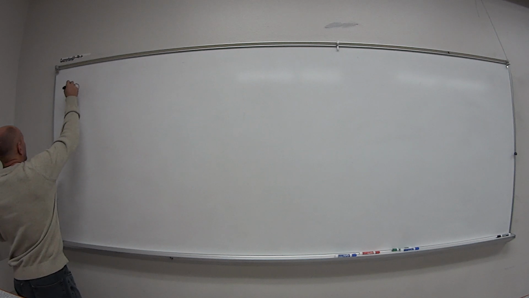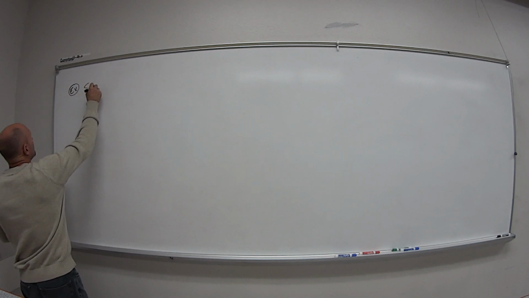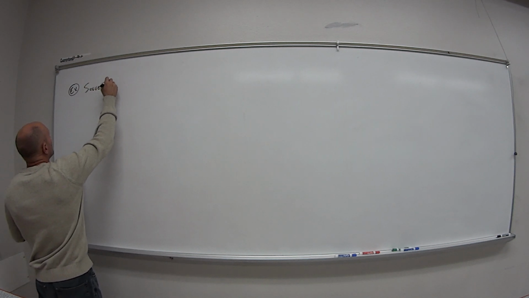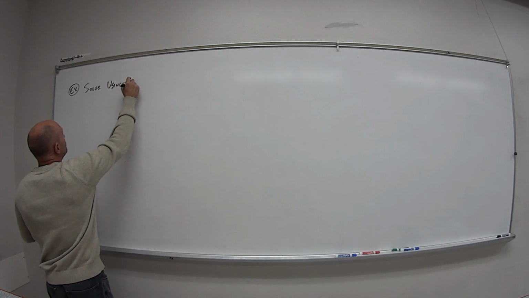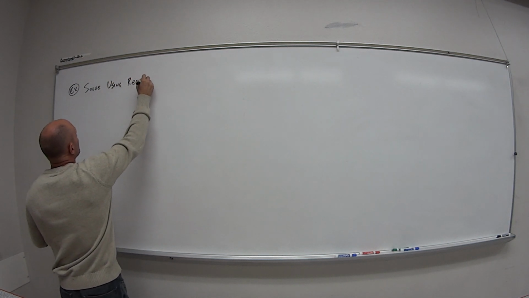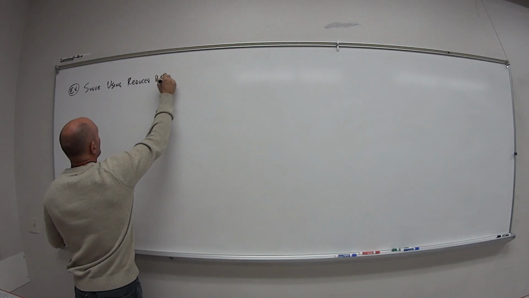So let's say we have an example, and it says solve using reduced row-echelon form.